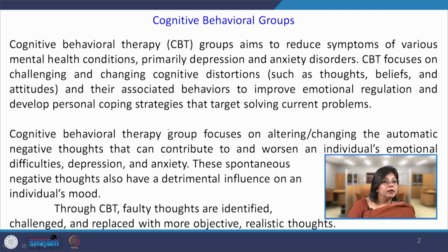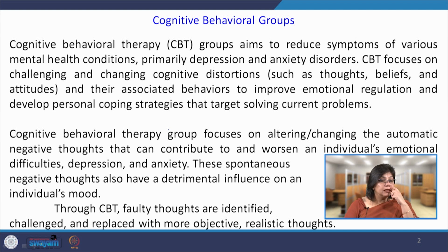Any distorted thought pattern will definitely lead to negative emotional feelings, and again it sets a precedence to create more negativity in behavior. So, cognitive behavioral therapy focuses on changing the automatic negative thoughts that distort the thought pattern of an individual and lead to depression and anxiety.